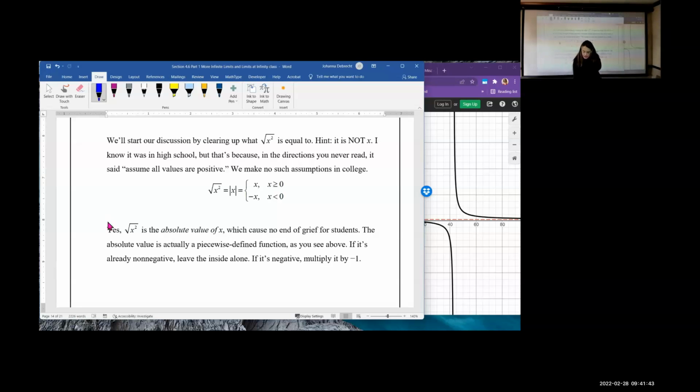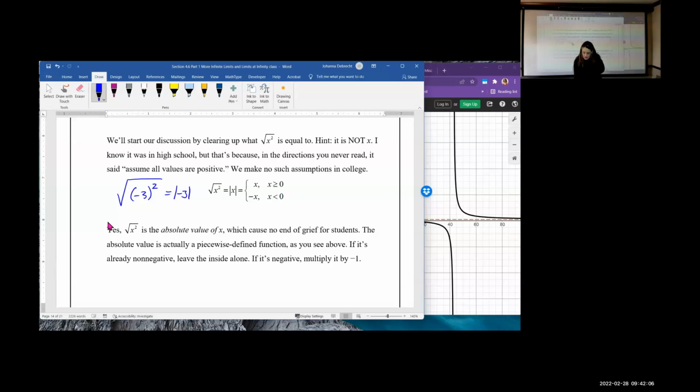Let's think about this. If I took -3 and I squared it and I put that under the radical, I'm not going to get -3 out. What am I going to get out? 3.